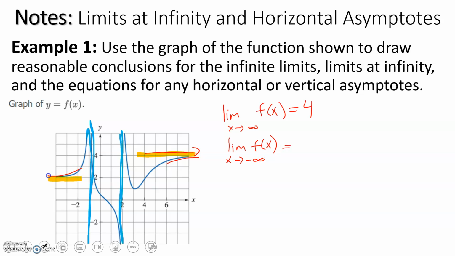And that is following our graph this way, and it looks like it's getting trapped by 2. Now, when both of these happen, this one tells us we have a horizontal asymptote at y equals 4, and this one tells us we have a horizontal asymptote at y equals 2. In both cases.